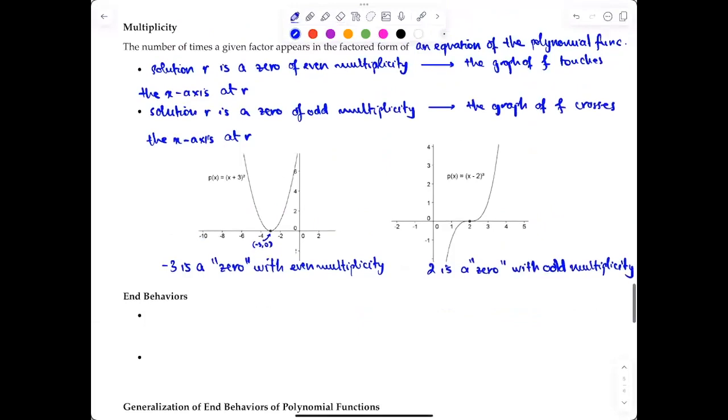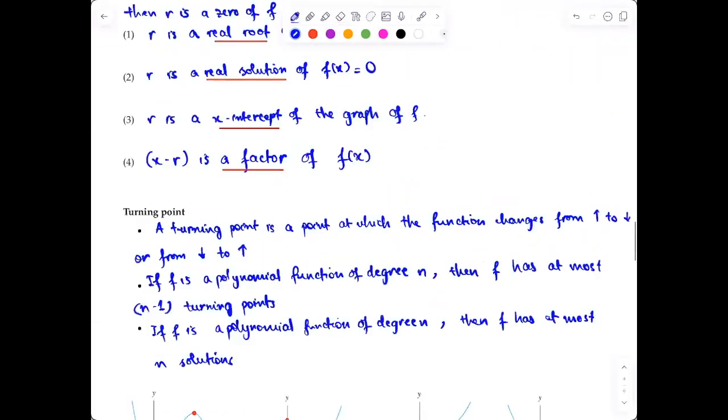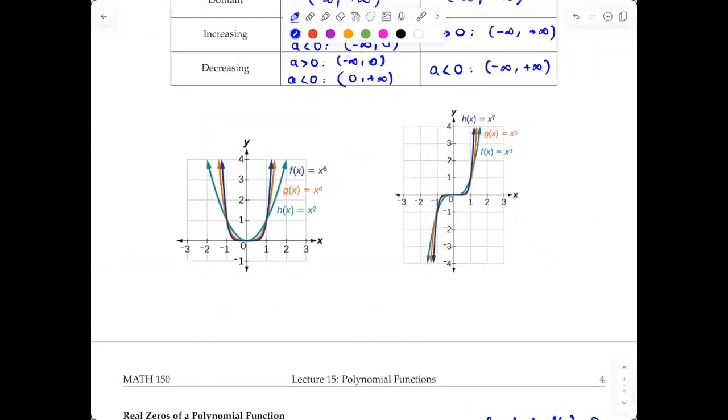Now, the next thing to cover is the end behavior. You already saw the end behavior earlier here. So the end behavior is the behavior of the function at the ends. The end behavior of this power function is that the function goes to positive infinity when x goes to negative infinity, and goes to positive infinity when x goes to positive infinity.